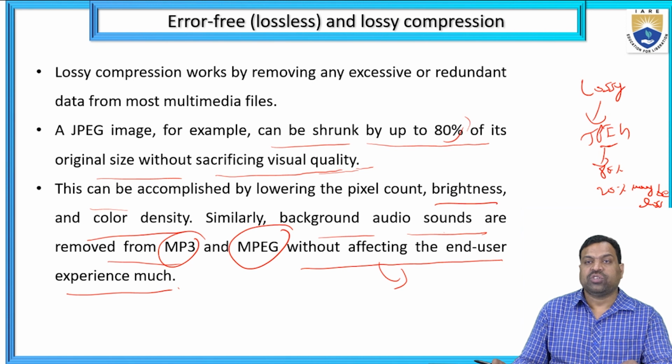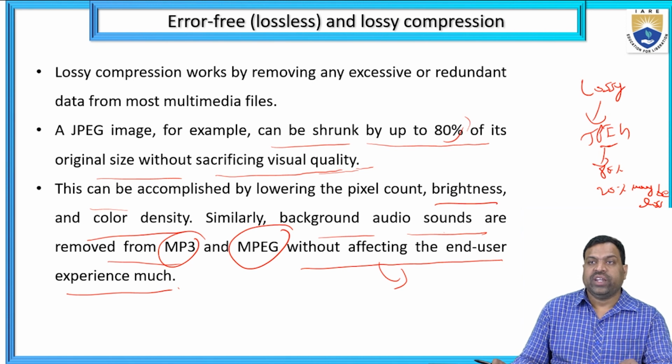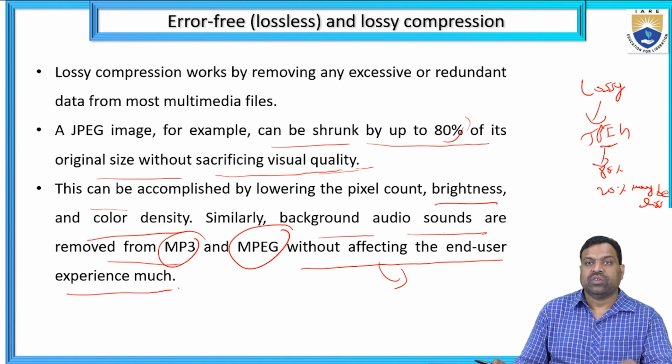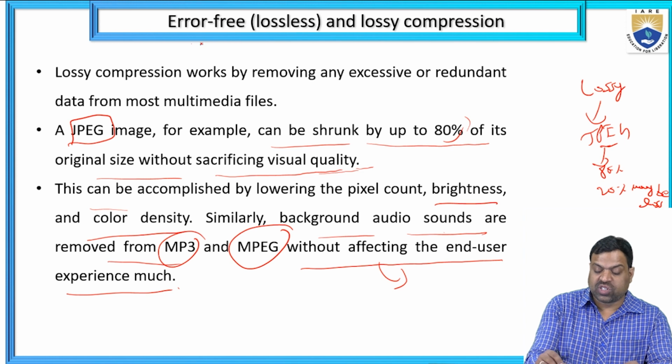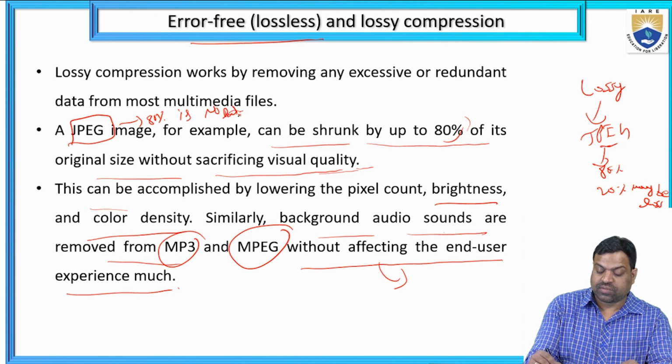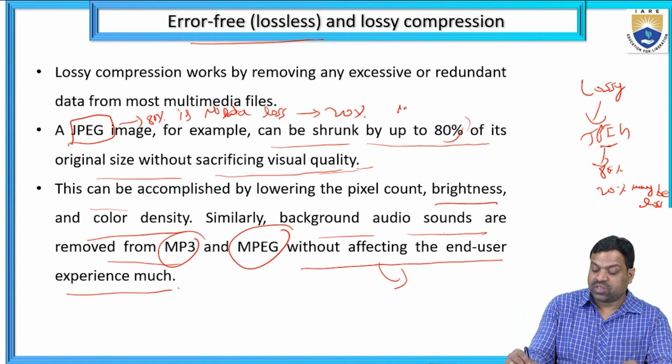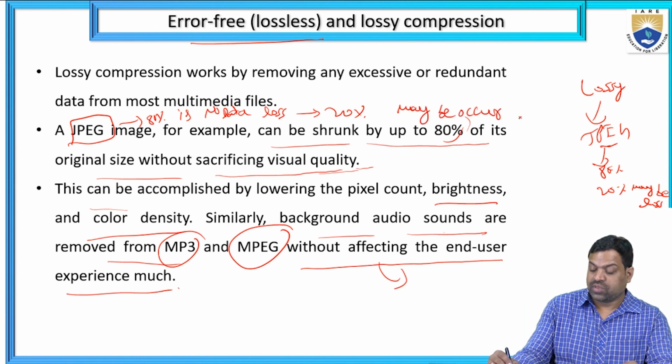Lossy compression works by removing excessive or redundant data from most multimedia files. If I take JPEG, this JPEG is the best example, where 80% is no data loss, but 20% may occur due to errors.